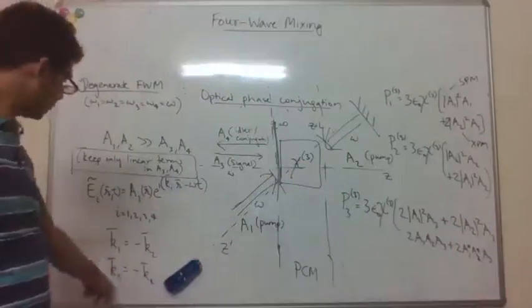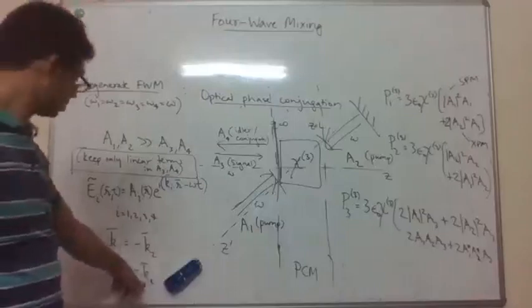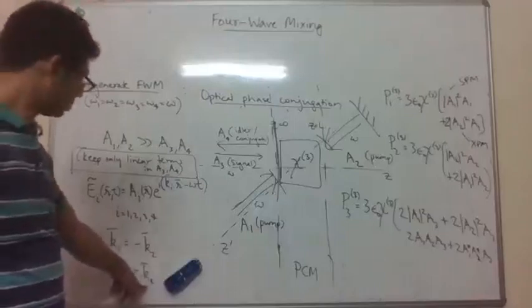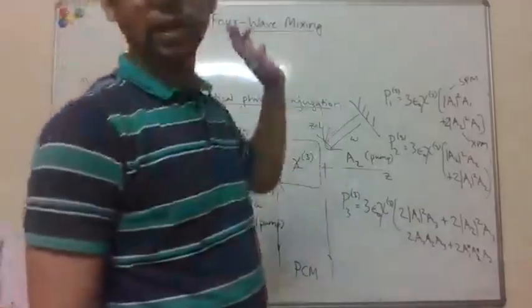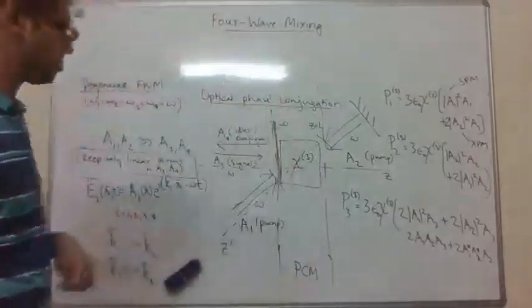I mean, you know that K3 is equal to minus K4. Twice of K3 minus K4, something. But twice of K3 again will give you A3 square, so that's small.